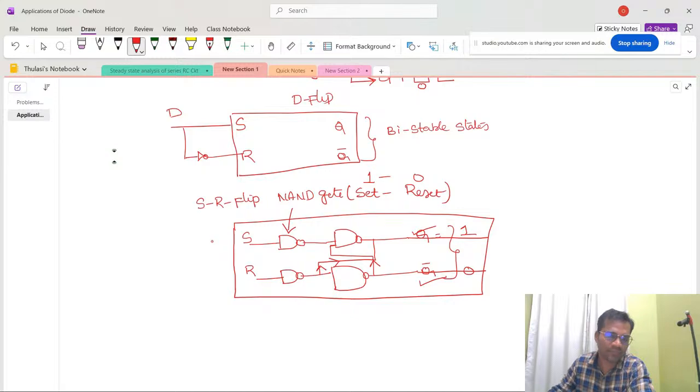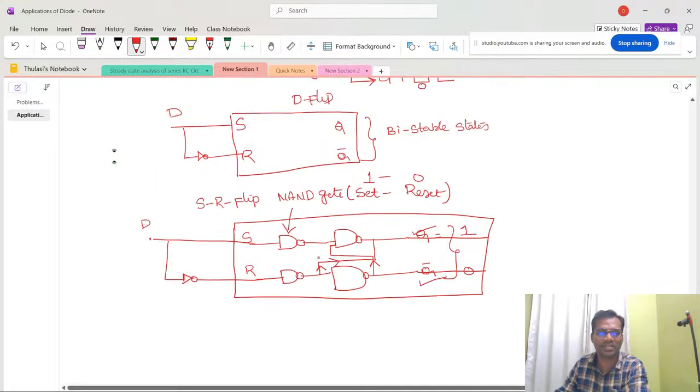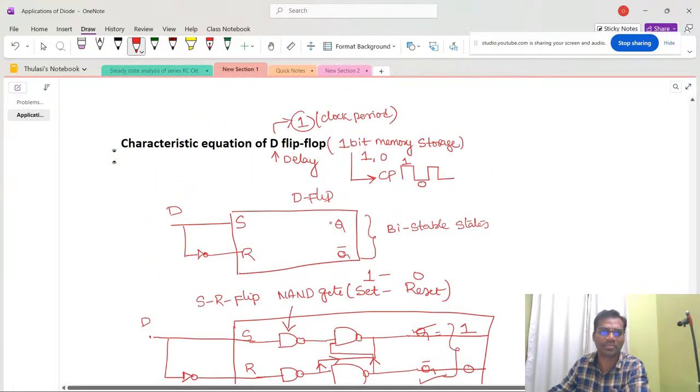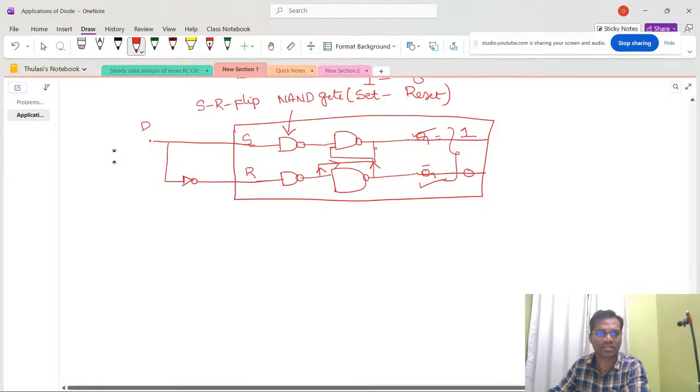The first input is D, and D is connected to S, and the inverter is connected to R. This is the diagram of an SR flip-flop with D as an input, where D is called the delay input, with a delay of one clock period. Now let us try to draw the characteristic equation of our D flip-flop.